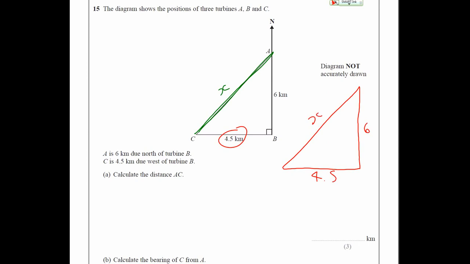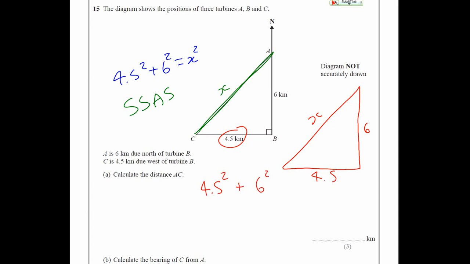I've done a Pythagoras video for you to check out. You're going to square it, add, square root, or you might know the formula that 4.5 squared plus 6 squared is X squared. I don't know how you've learnt it. I teach square it, add, square root. So 4.5 squared, add 6 squared.